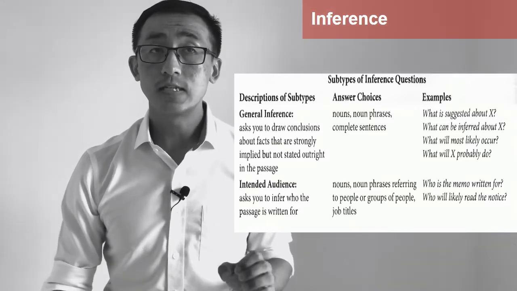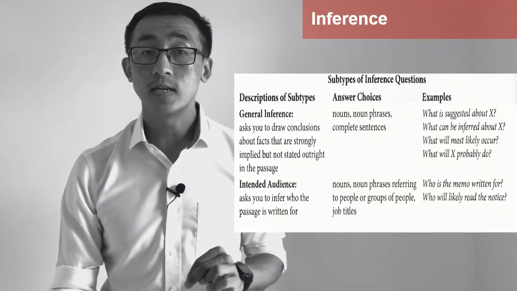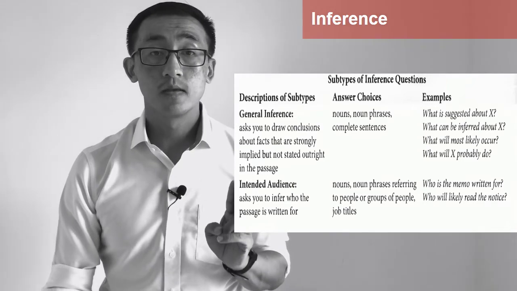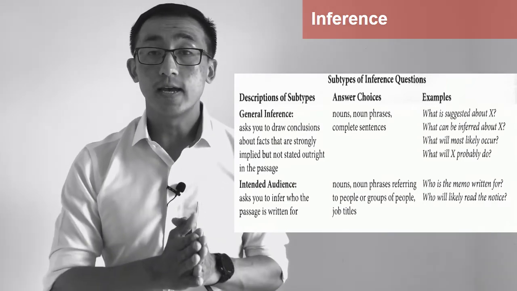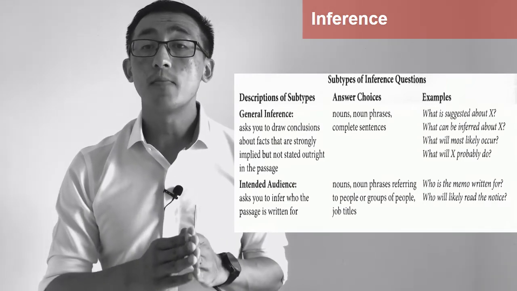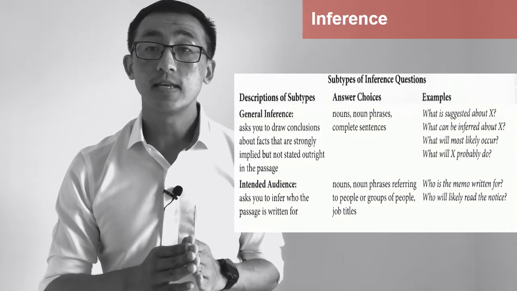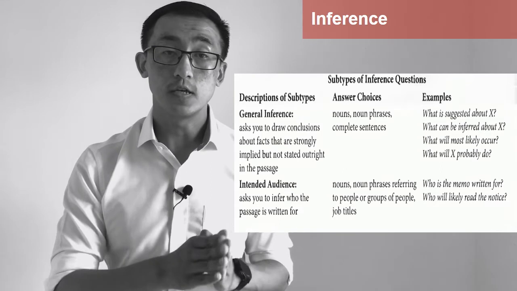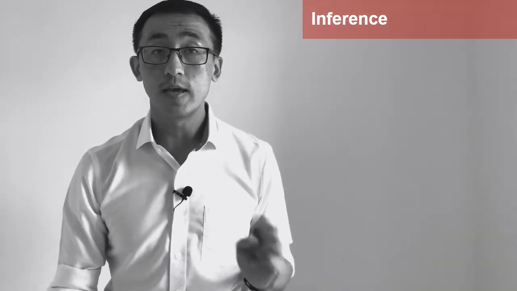Another one is the intended audience. The questions are like, who is the memo written for, or who will likely need the notice? So these are some of the intended audience questions. For inference questions, I can give you the following 3 hints.